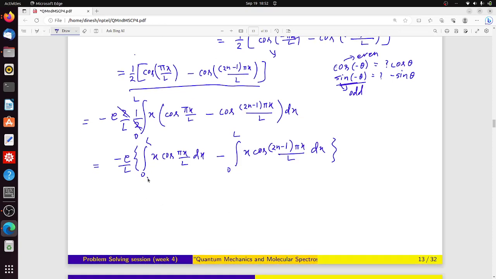So how shall I proceed from this? I have to do integration by parts, right? There are two functions u and v. Which one do I have to differentiate, and which one do I have to integrate? Any suggestions?